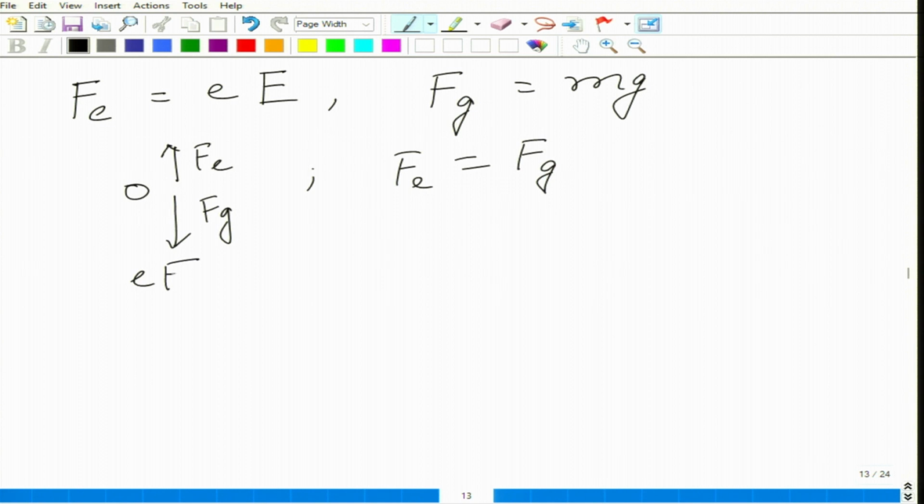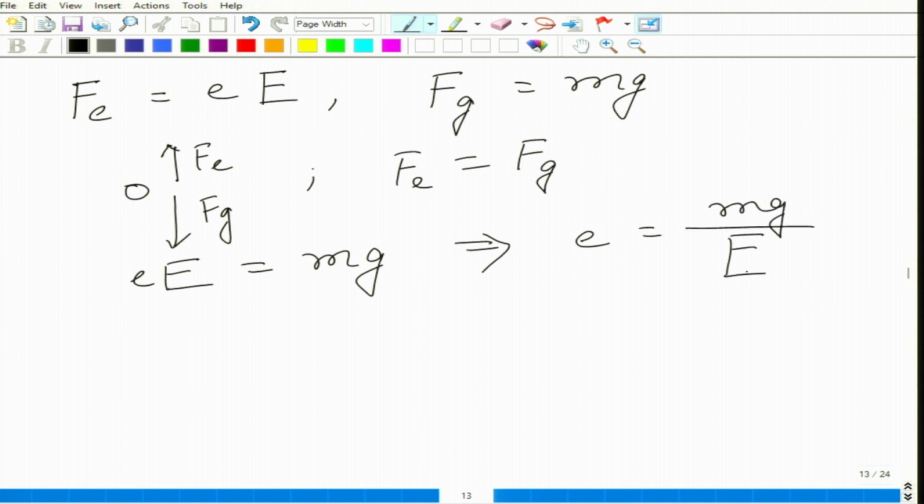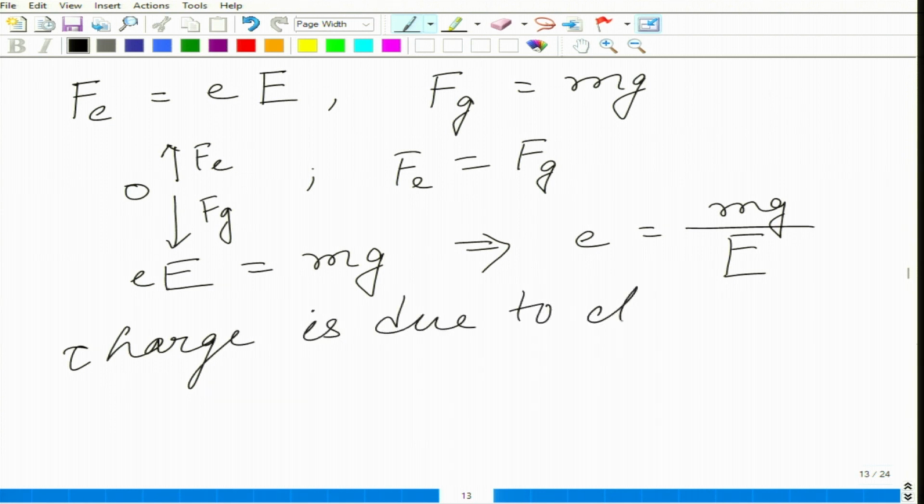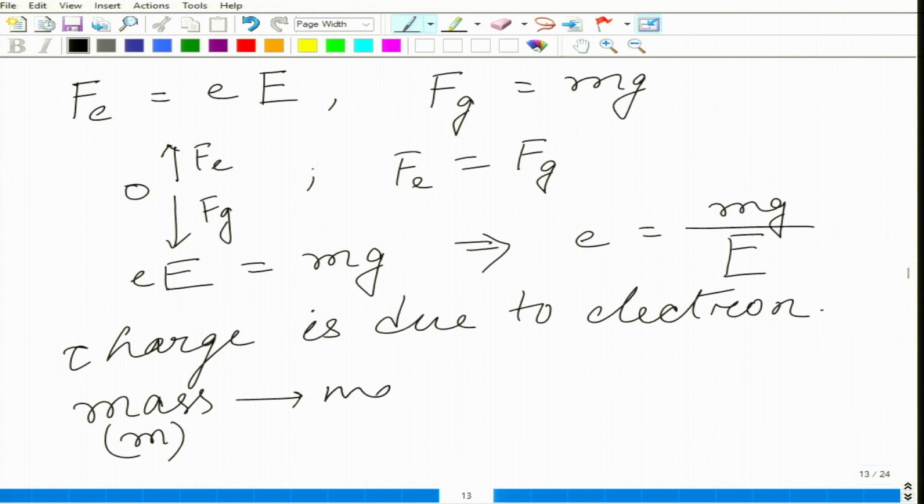So from here we can see that q equal to mg by E. Now the charge in this oil drop is due to the electron. And m is the mass of the oil drop.